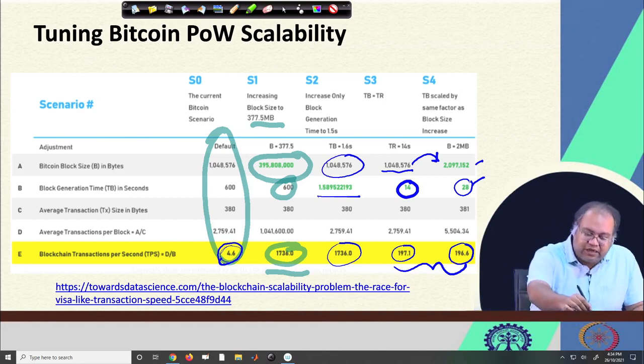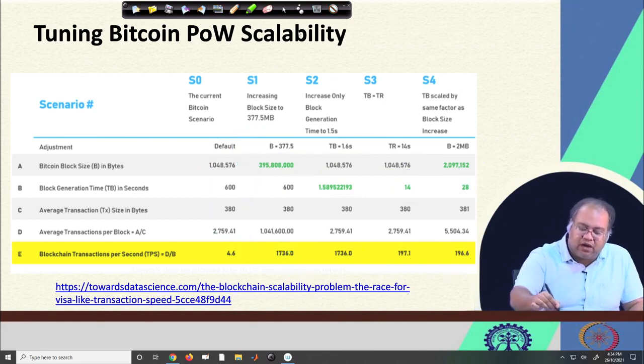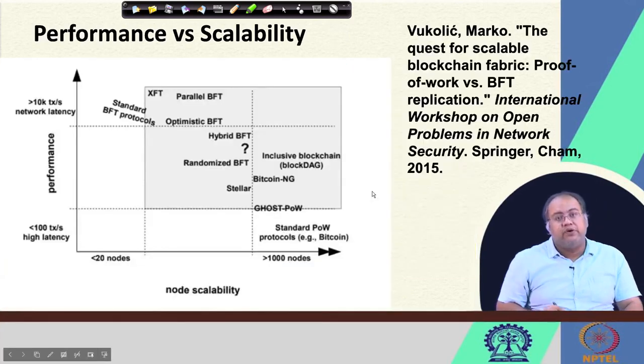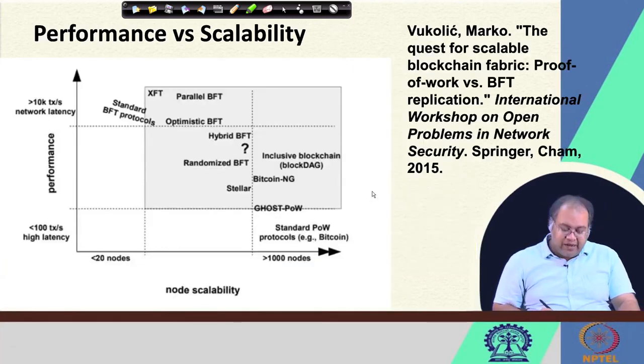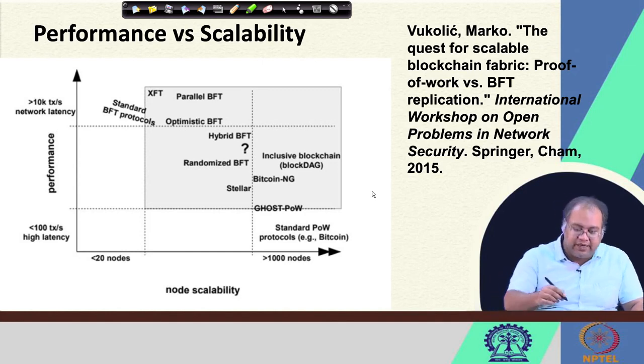But the question comes: how can we get a transaction throughput which is good? Now, this is again one of the pioneering papers from Marko Vukolic that tried to compare different kinds of consensus protocols in terms of performance and scalability.